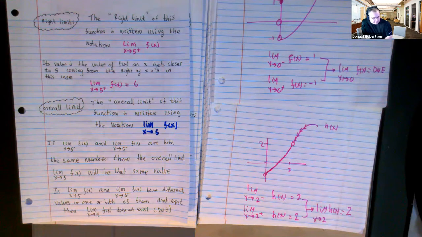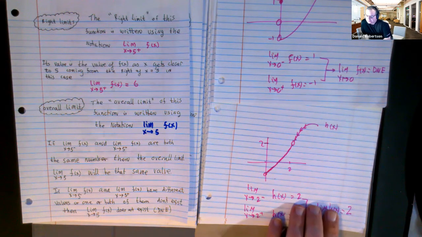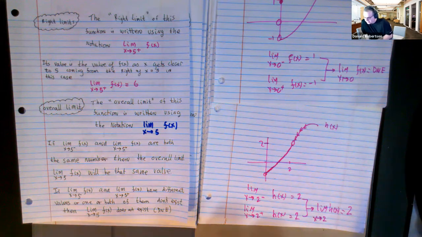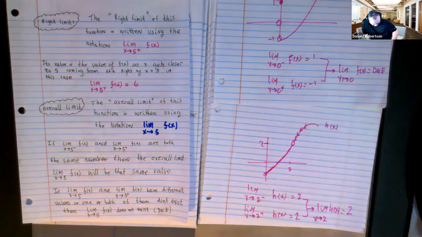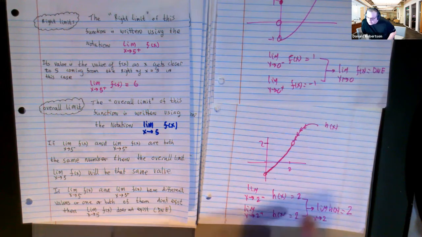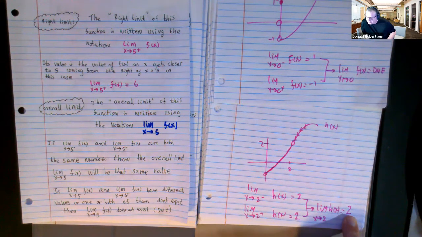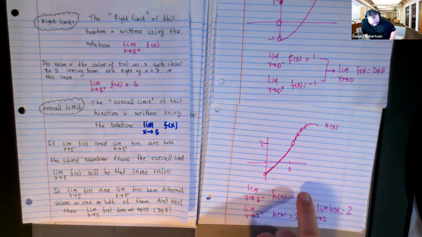So is that a little bit clearer what I'm trying to get across visually? That there's a left, there's a right, and there's an overall. And in some situations, the left and right might exist, but the overall won't. In other situations, the left and right exist, and so will the overall. And in this world, won't everybody be the same?